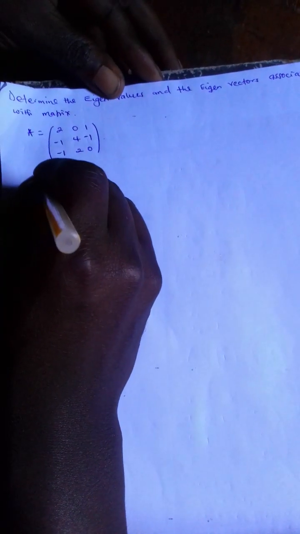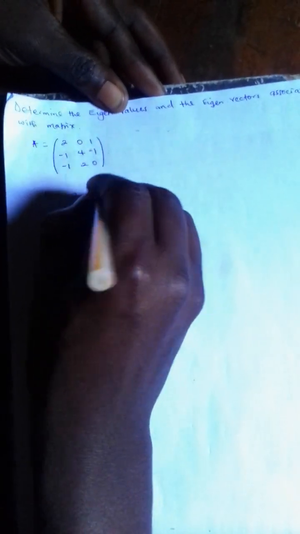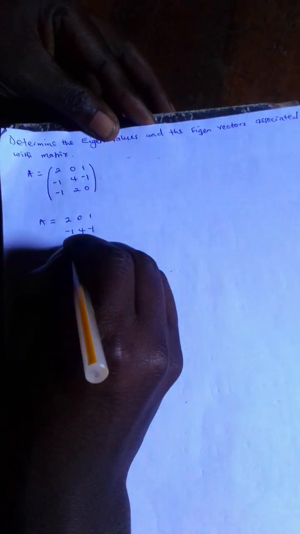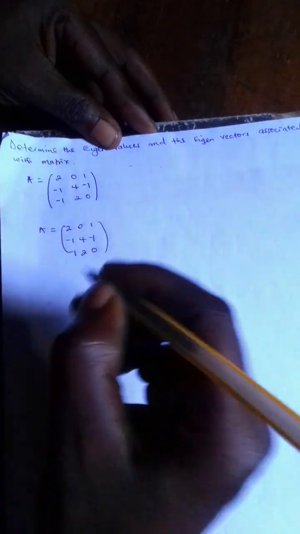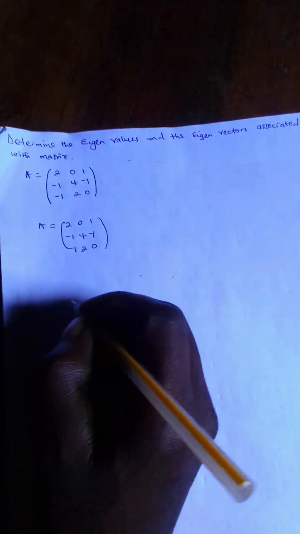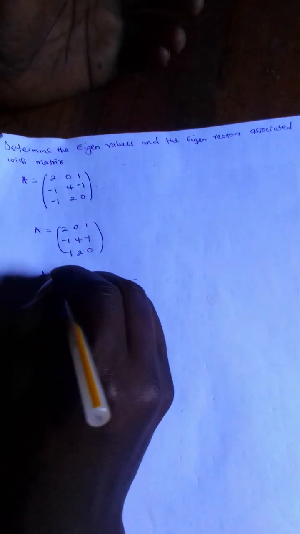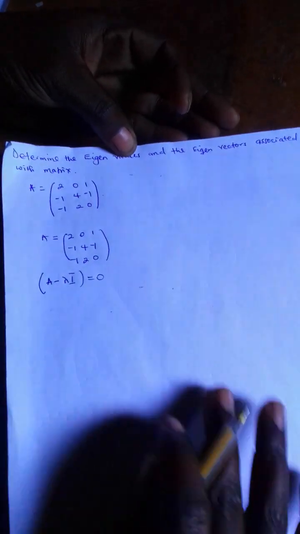We shall write A equals [2, 0, 1; -1, 4, -1; -1, 2, 0] as our matrix. Hereby we know that when we are going to find the eigenvalues and the eigenvectors of a matrix, it is given like A minus lambda identity equals 0.